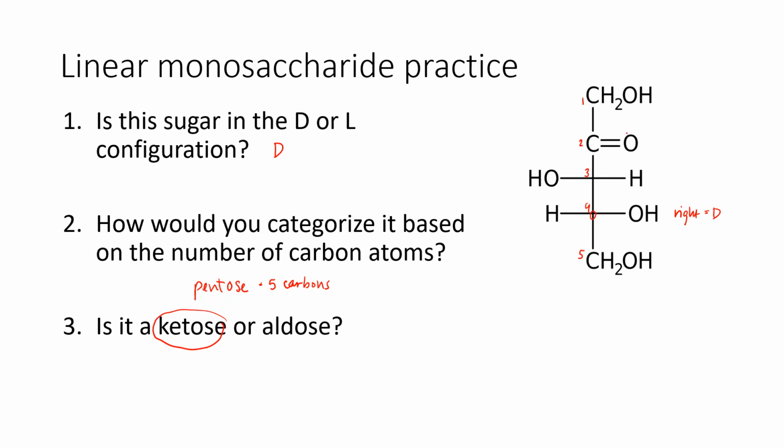That's a ketone group. Yeah, exactly right. So this carbonyl group that we have on carbon number 2 is a ketone. And a ketone means that the carbonyl carbon that I circled is bound to 2 other carbons. If it was an aldose, it would have an aldehyde, which would be on carbon number 1.